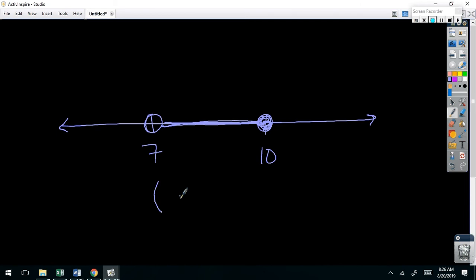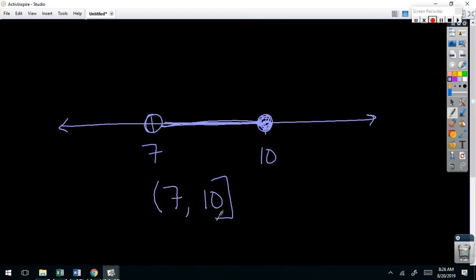The smallest it can be is 7, right? But it can't actually be 7, so I do a parenthesis. Then it goes up to 10, but it includes 10, so I need a bracket. Everybody okay? Easy peasy so far?